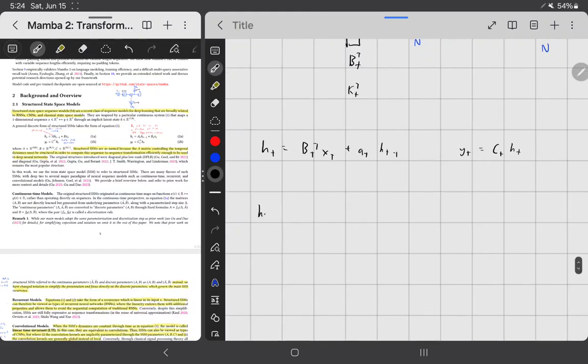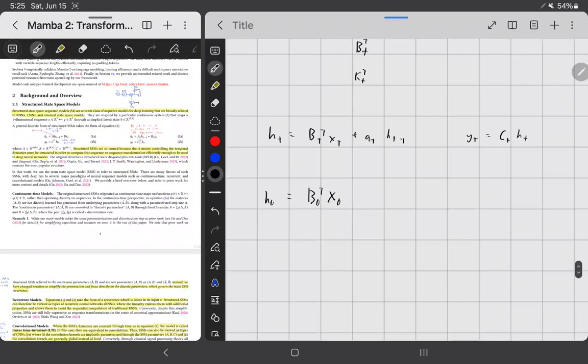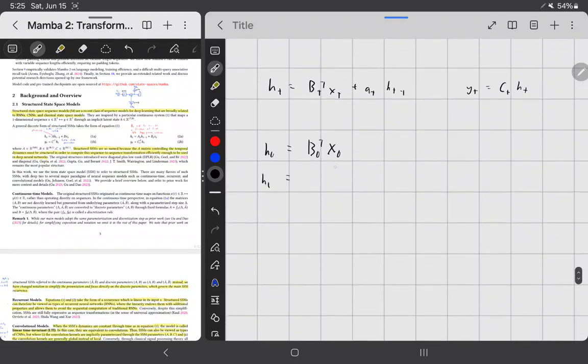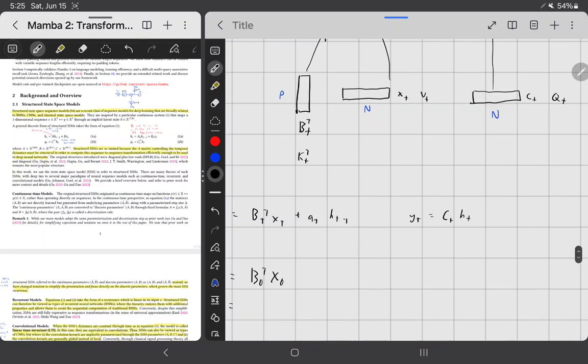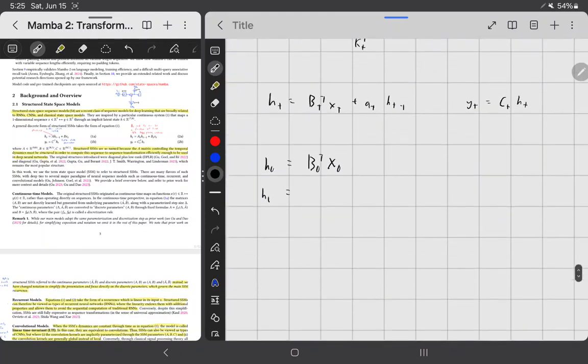Now, if we look at H0, this is just B0 transpose X0. If we look at H1, we add these new B and X vectors in here, the outer product between the two.